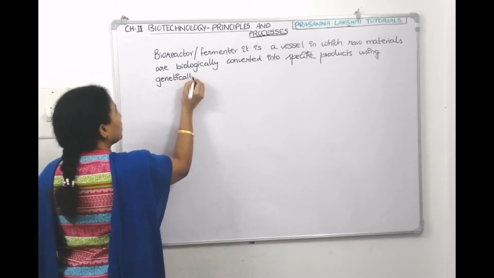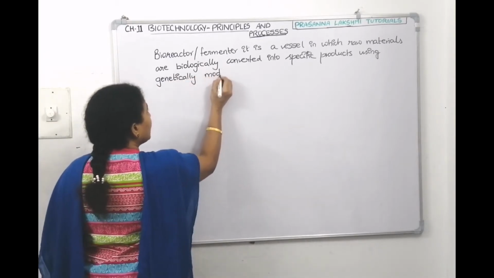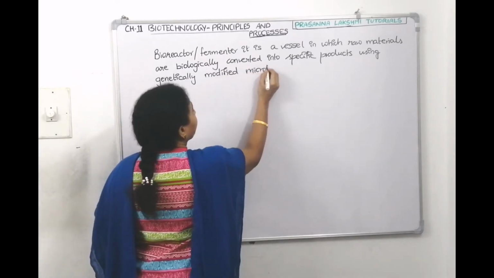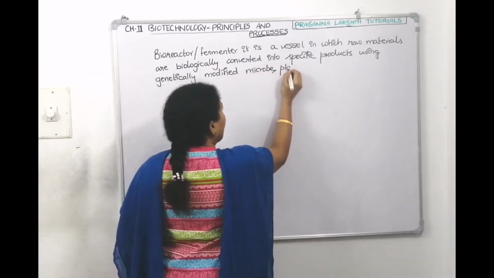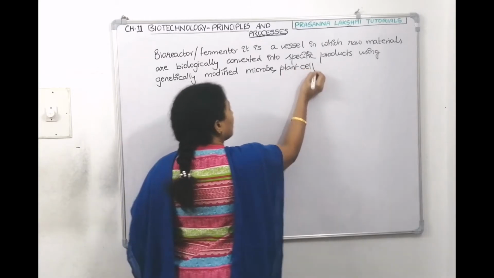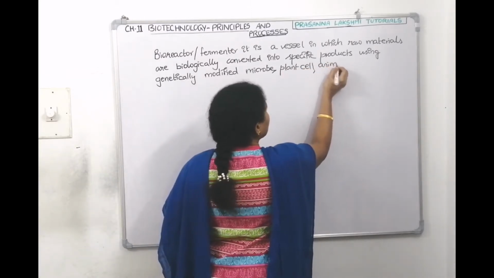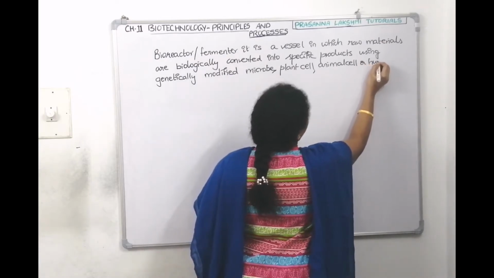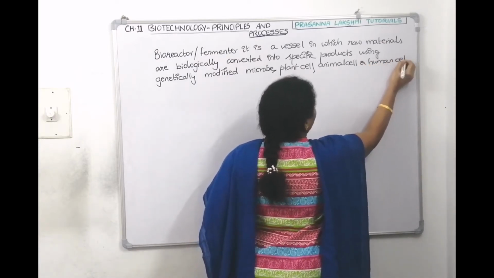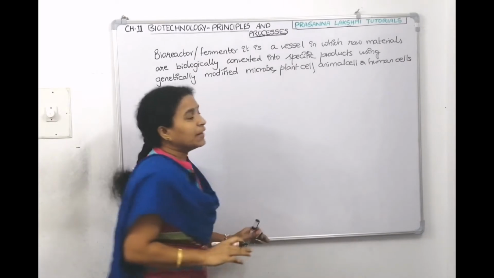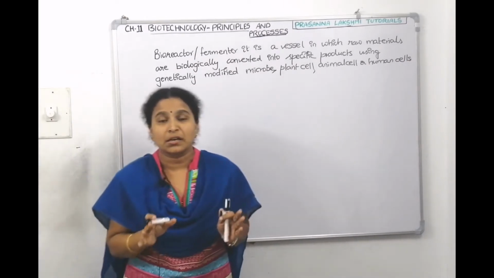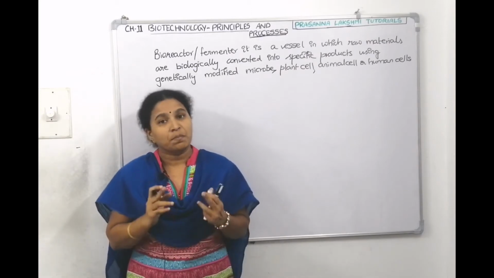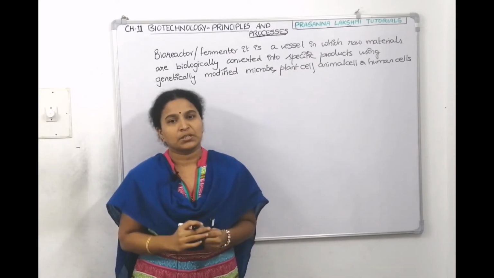So we use these genetically modified cells and we provide the raw materials to get our desired proteins in large scales. That is called bioprocessing. We do it in a bioprocessor, right?